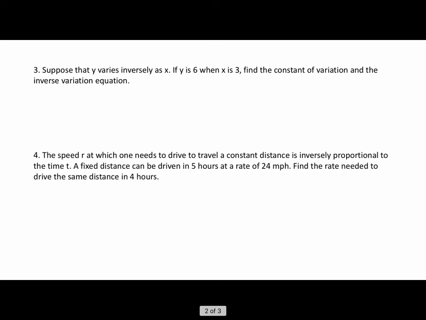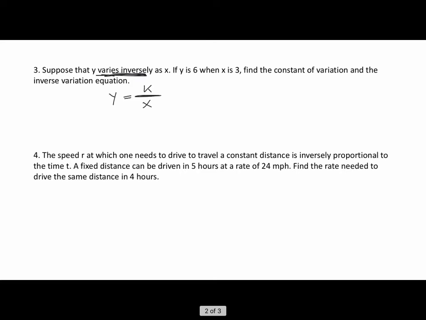So our third problem here: suppose that y varies inversely as x. If y is 6 when x is 3, find the constant of variation and the inverse variation equation. So these are the key words here. Varies inversely. So the variable before those words equals k over the next variable, x.